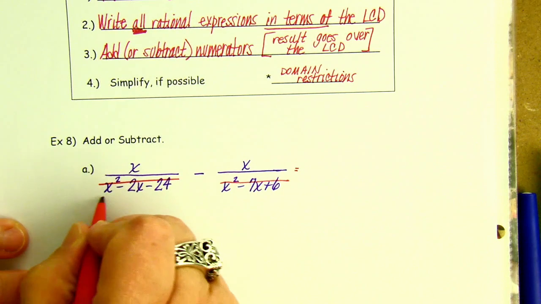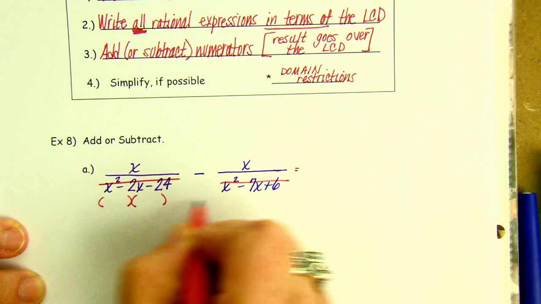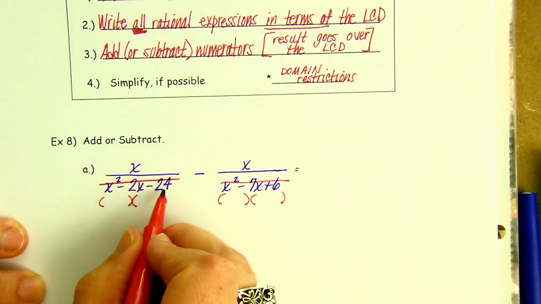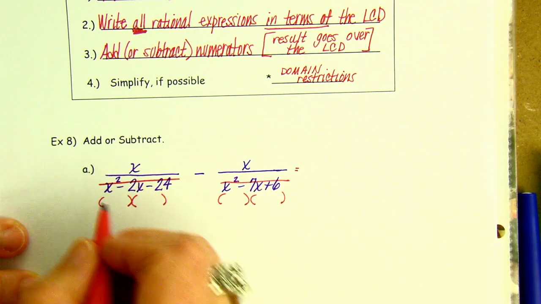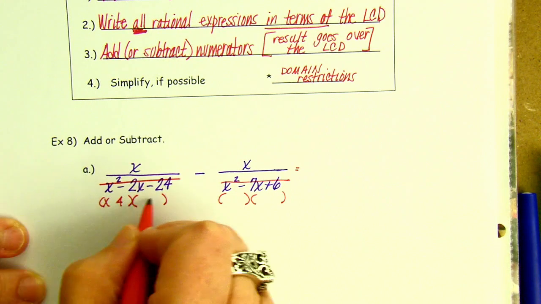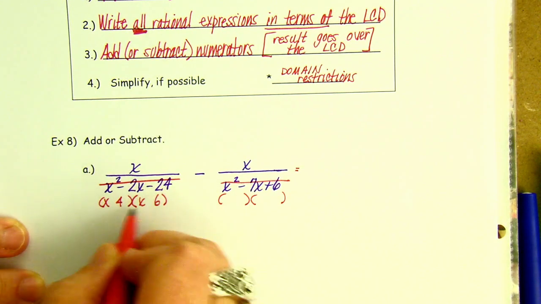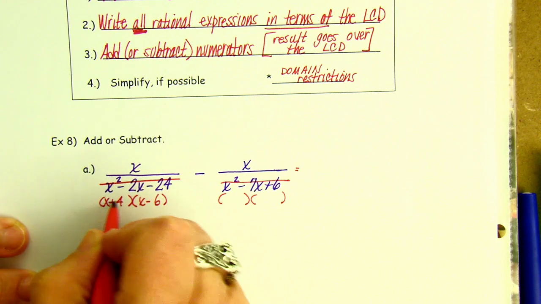All right. Two binomials. 6 and 4 multiply to 24 and subtract to 2. So I've got x plus 4, x minus 6. Signs are different. Larger product: 6x is bigger than 4x, so it gets the minus.